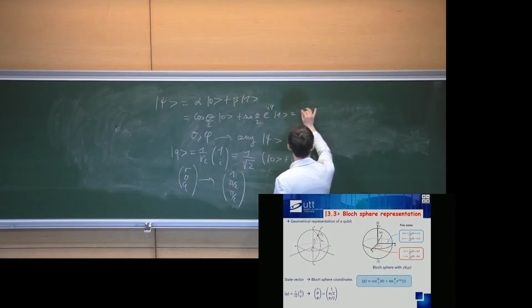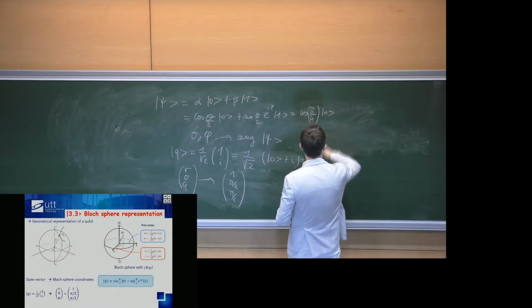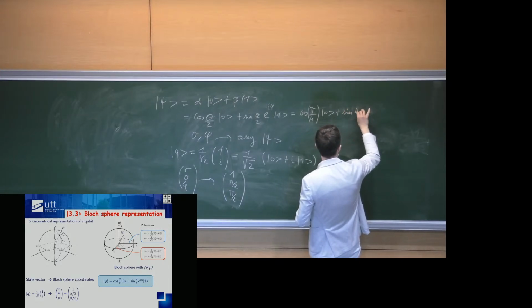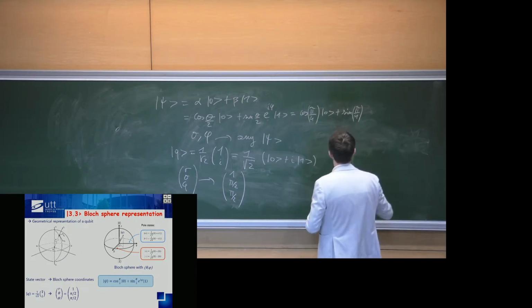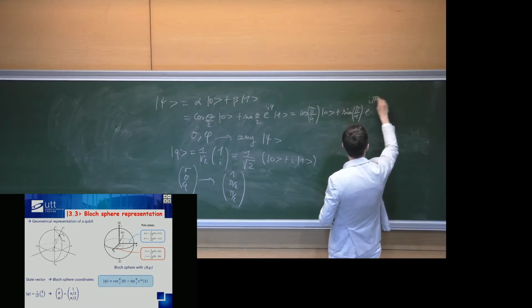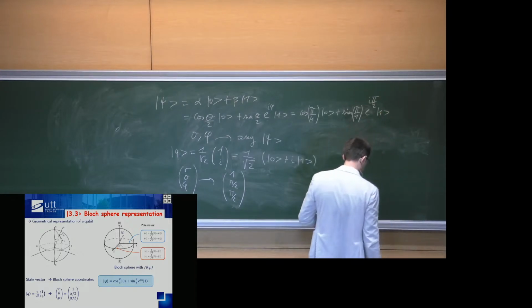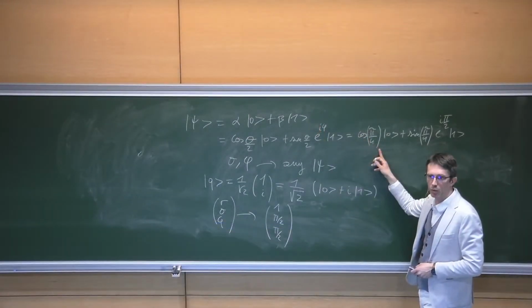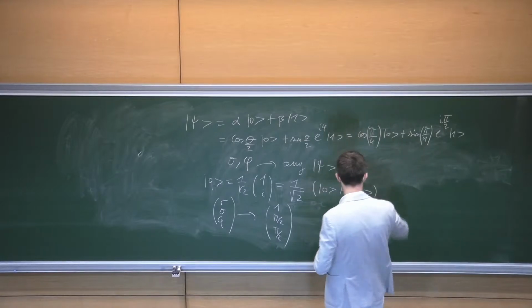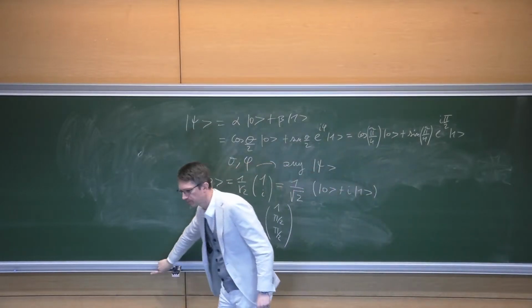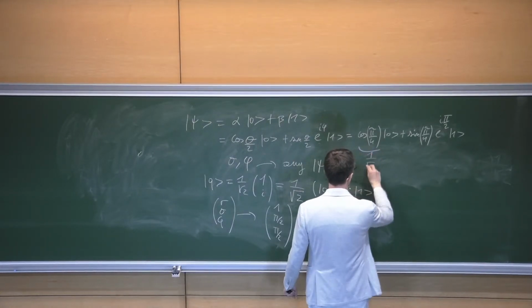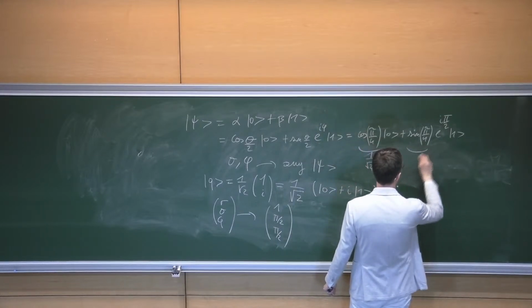So if I replace, I've got cosine of pi over 4, 0, plus sine of pi over 4, exponential i pi over 2, 1. This is 1 over square root of 2. This is also the case.